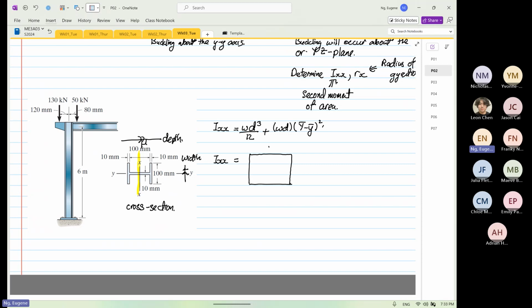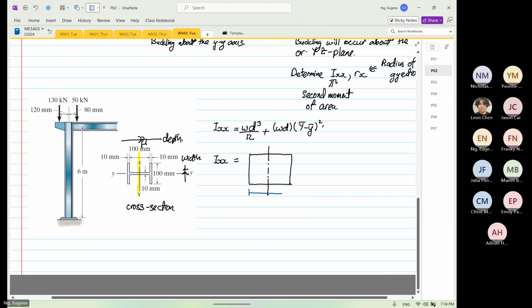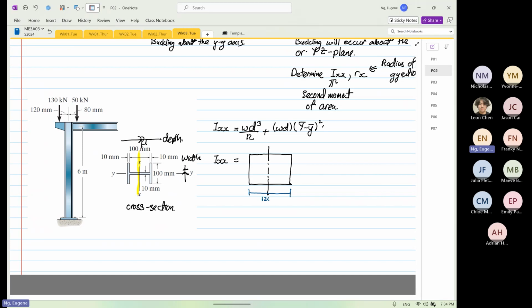Okay. So this is our axis. And this over here, I'm going to take it as a solid. And the geometry over here, from here to here, that is 120 millimeters. And then this will be equal to 100 millimeters.